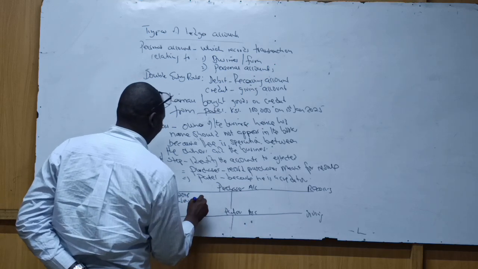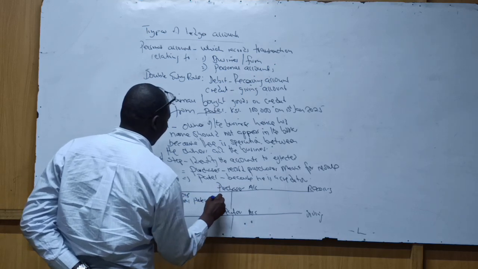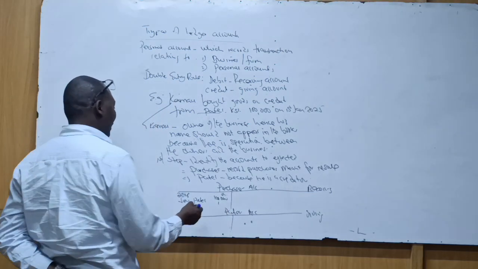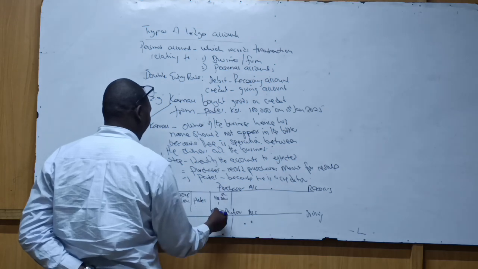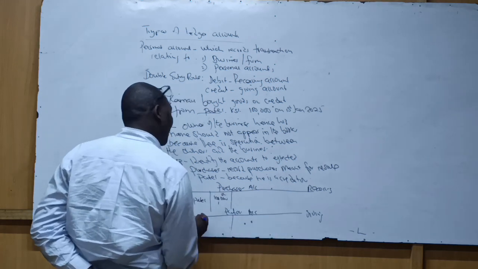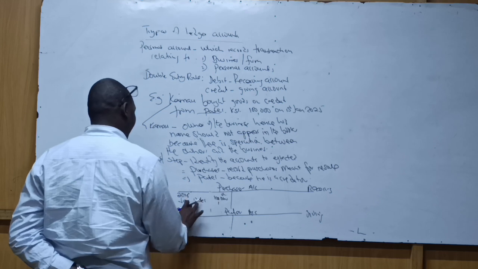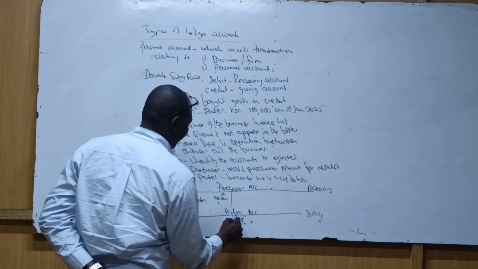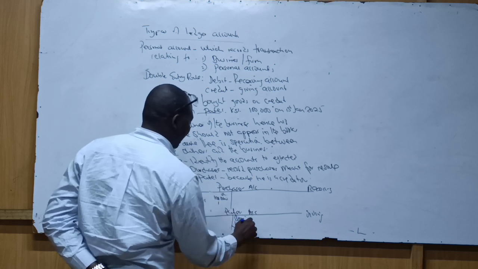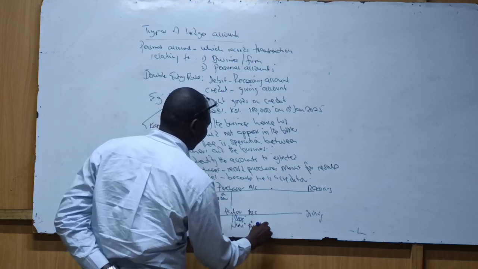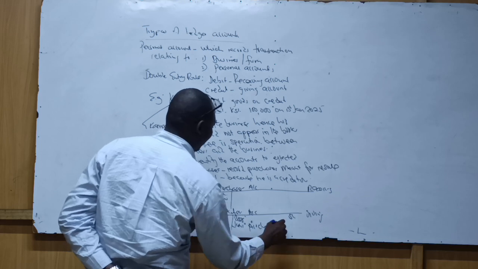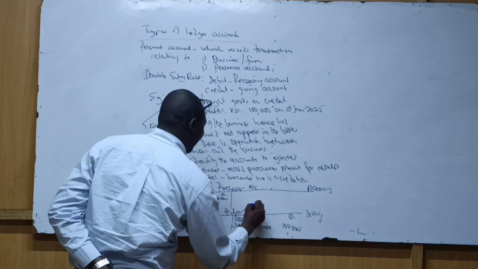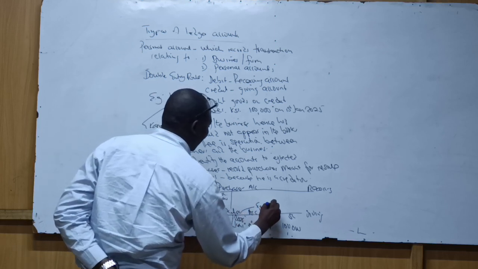There was a purchase from Patel of goods worth 100,000. You do the same on the other side: 2025, January 1st, purchases, 100,000. Patel's account is an example of a personal account.